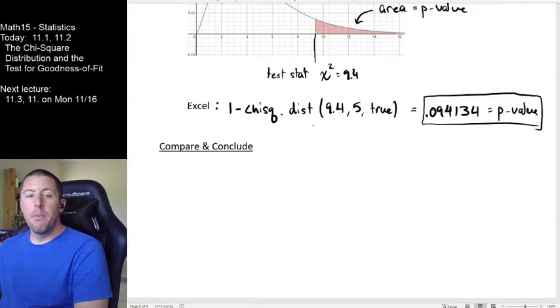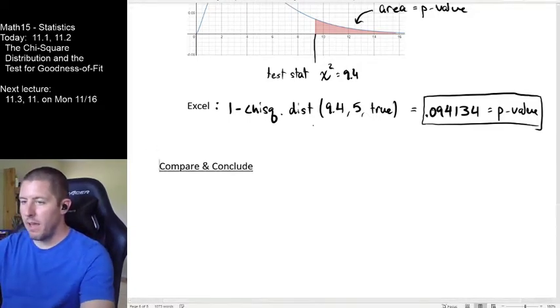All right. So we have now computed our p-value here, and I'm going to write out our interpretation of this p-value. These things matter here.